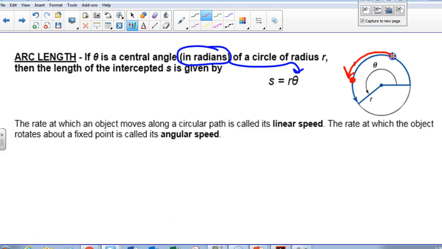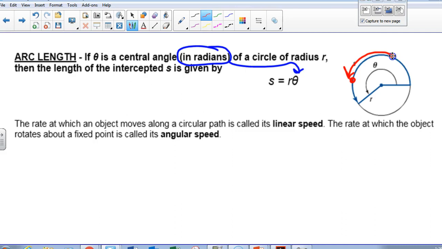If you measure how fast you went in miles per hour or feet per second, how many marks you made down the street, that's a linear velocity. It's how fast that little mark was going around the outside and tracing out a line. Make sense?